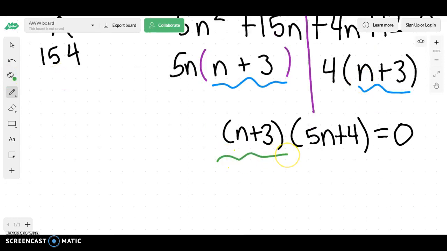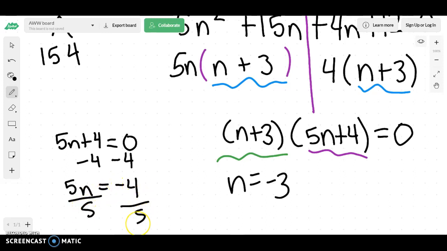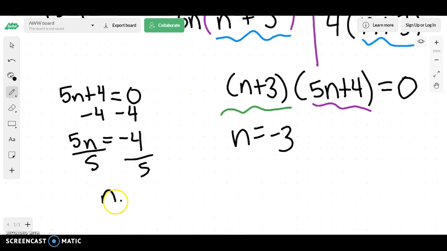This one is really easy to see what would make that equal to 0. That would just be n equals negative 3. This one is a little bit harder to see, so because it's a little bit harder to see what makes that equal 0, we'll do 5n plus 4 equals 0. So we'll set it equal to 0 and solve for it. Subtract 4, get 5n equals negative 4, divide by 5, so n equals negative 4 over 5.